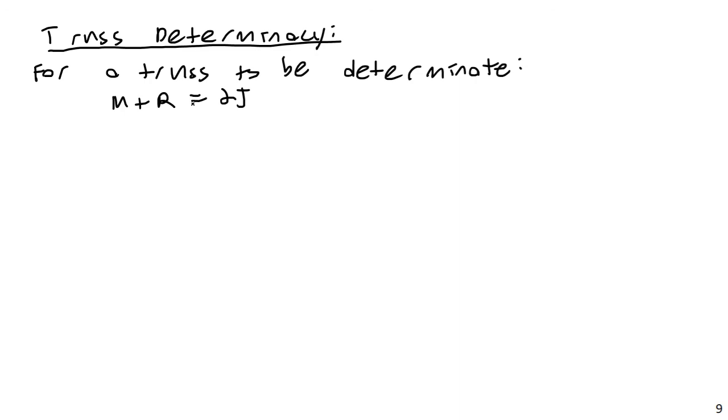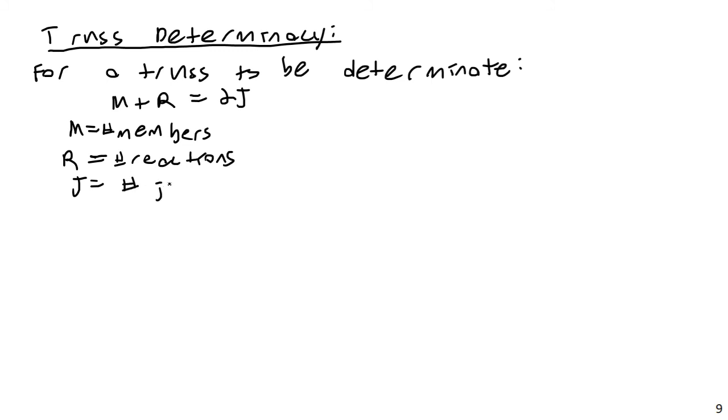We could say less than or equal to 2j, but generally we say equal to 2j. Here m is the number of members, r is the number of reactions, and j is the number of joints.